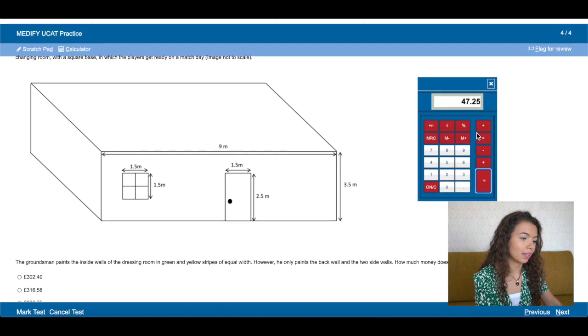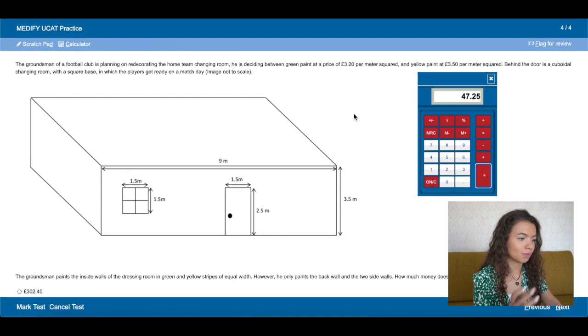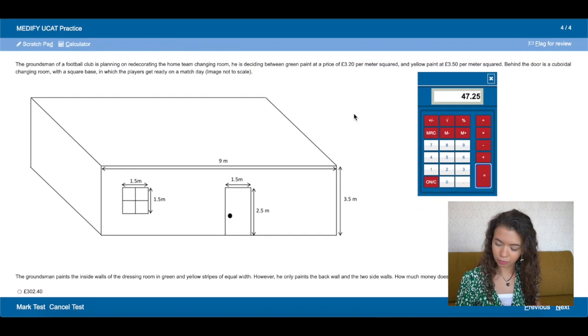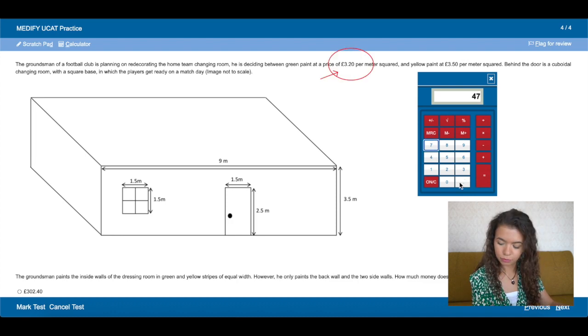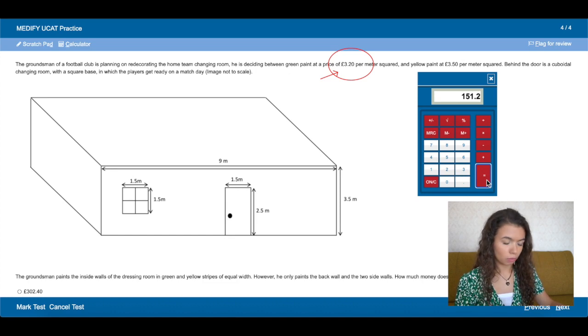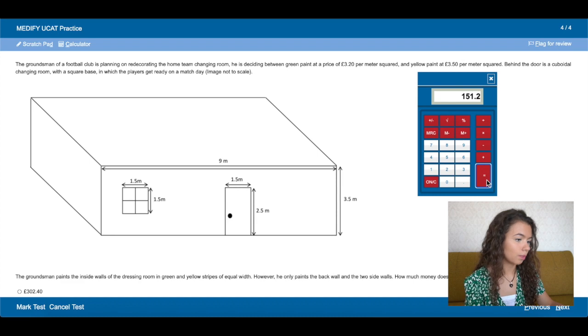So you need to multiply that by the yellow paint as well as the green paint. For the green paint, you would multiply 47.25 times 3.2, which gives us 151.2.